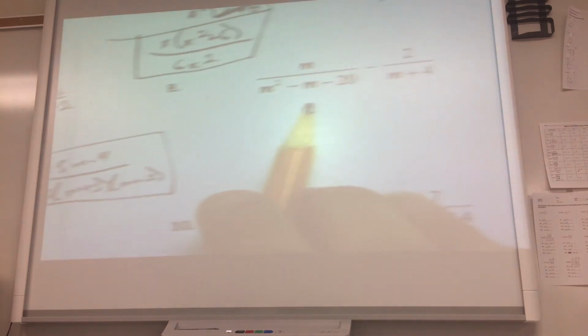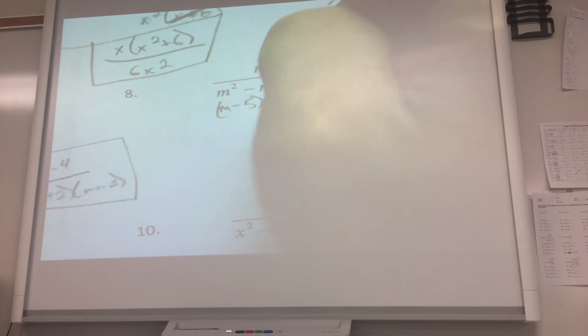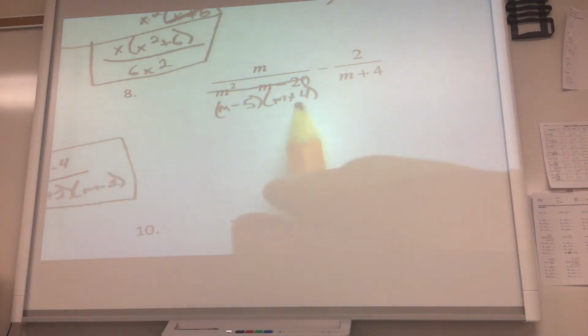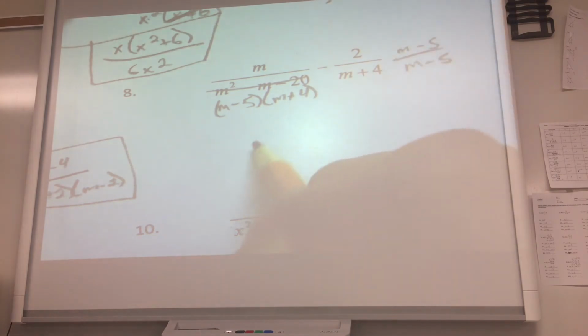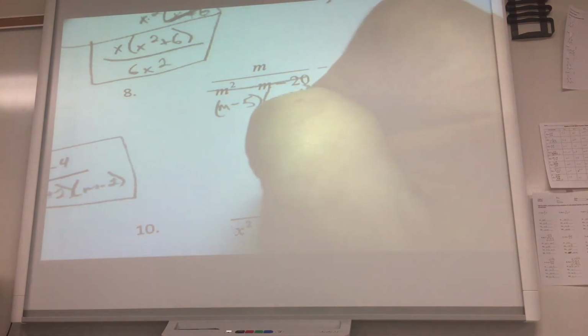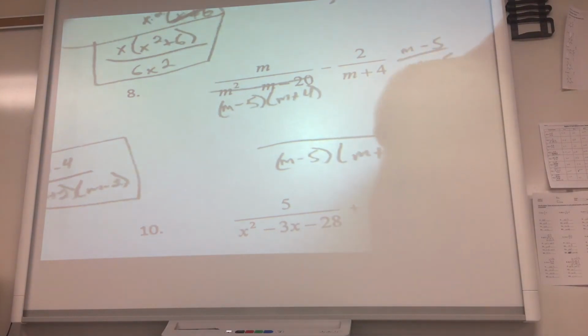Okay, so next one, m minus 5, m plus 4. Okay, so that's that factored. What this side is missing that side had is the m minus 5. So now my common denominator is going to be the same, it's going to be m minus 5 times m plus 4.